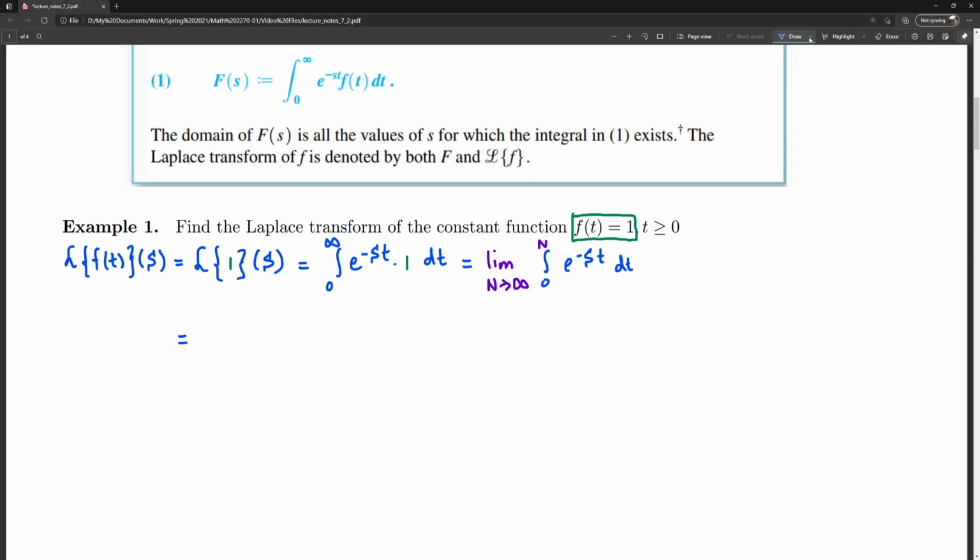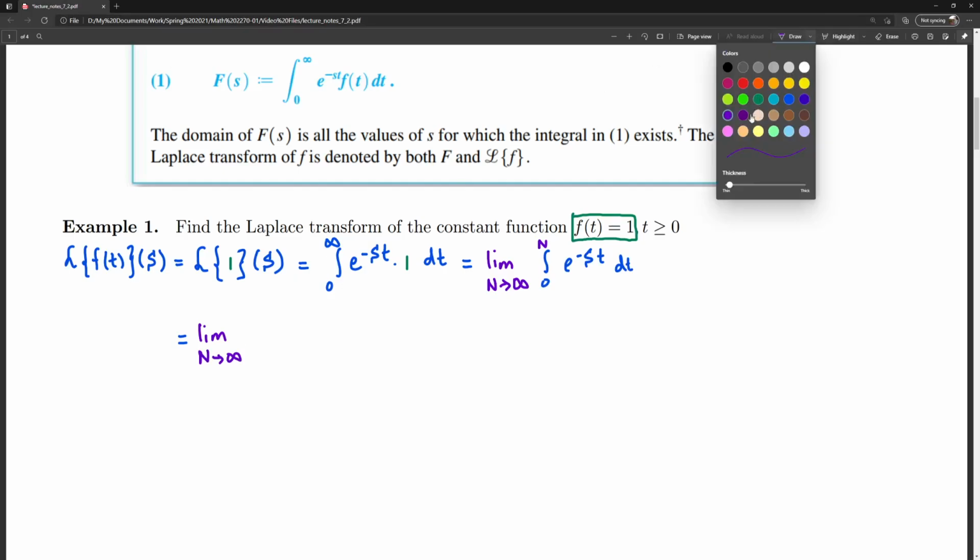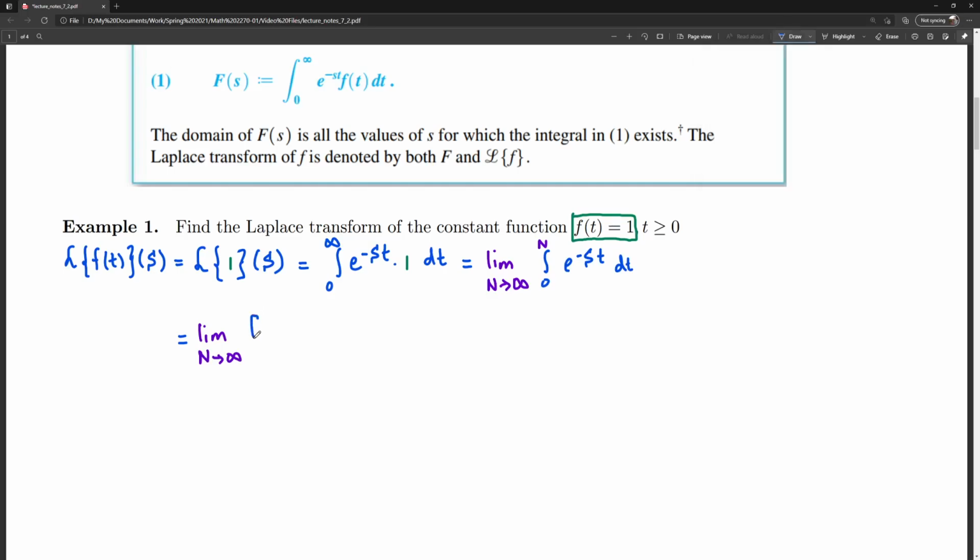So we're going to still have the limit as n goes to infinity, and then the antiderivative of e to the power negative st will contain e to the power negative st. But this is not the correct antiderivative, because if we take the derivative of this, the chain rule tells us it's this function, and then we have to multiply by negative s.